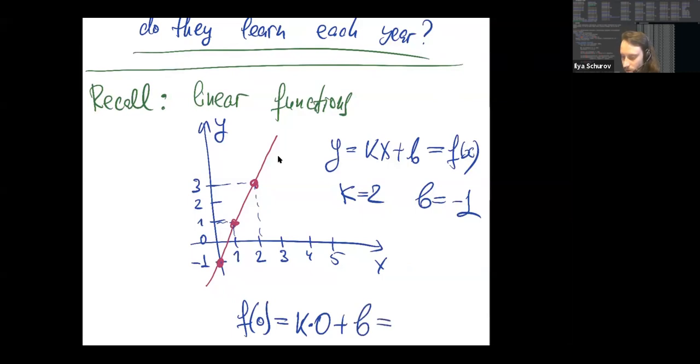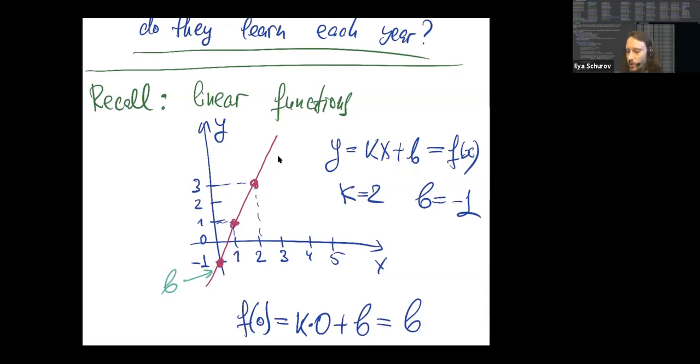And this is b. So you see that this is exactly the y coordinate of this point. And this is b. This is the free term of our linear function.